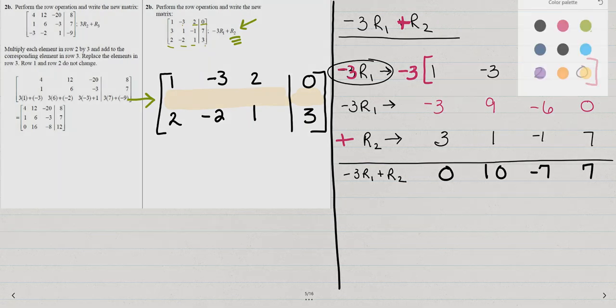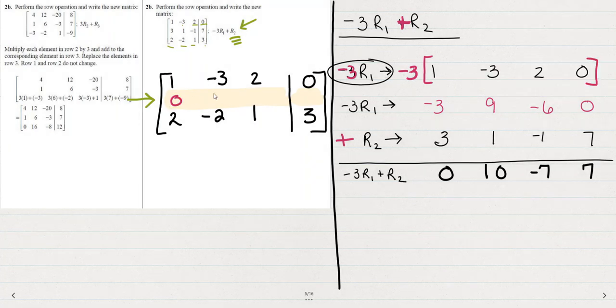But my new row 2 is going to be 0, 10, negative 7, and 7. And that's the answer to this question. Perform the row operation and write the new matrix. This is what it would look like.